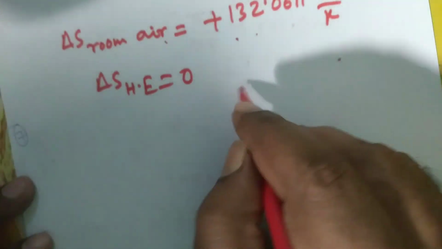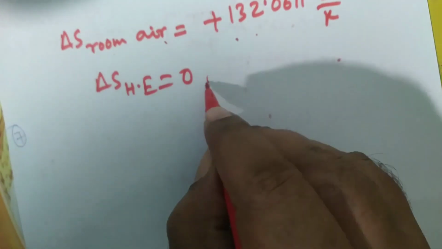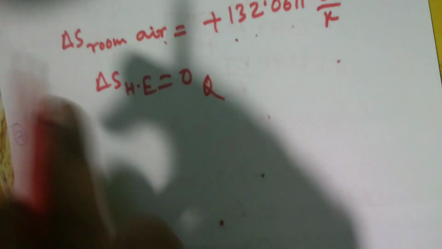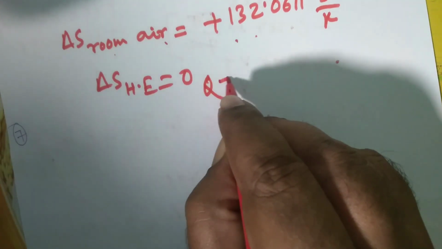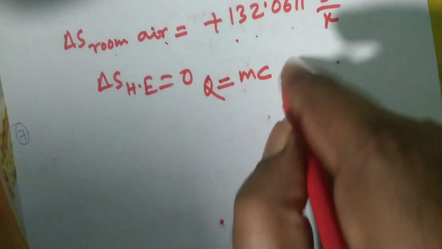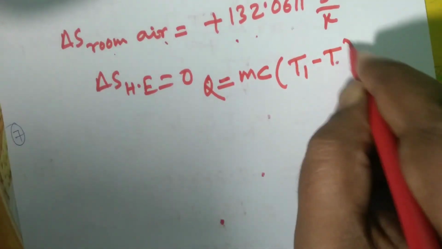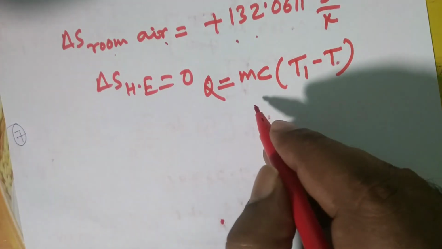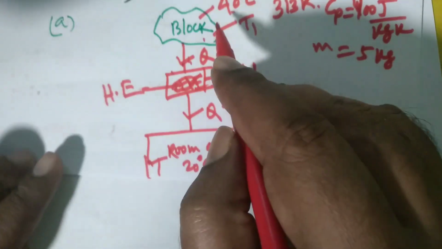Now, to find out the work, we need to calculate Q. Q is mc(T1 minus T), because this is the heat rejected by the block.